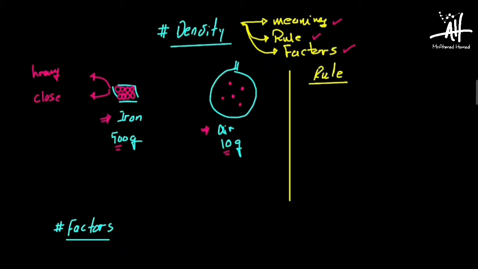So we can say that the denser material will contain a crowd of particles inside it. So the more crowded material will be the higher dense material. From that we can conclude that the density of iron is higher than the density of air.